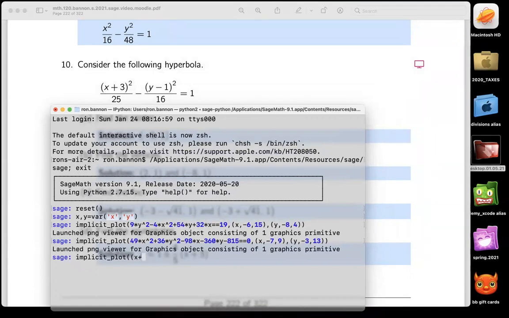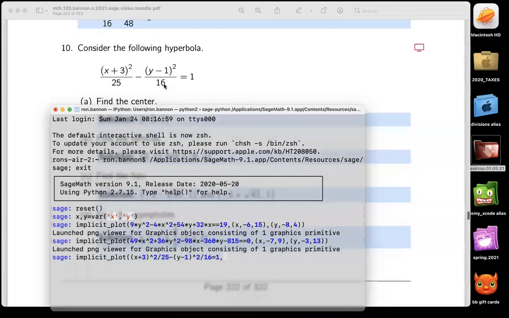X plus 3, quantity squared, divided by 25, minus, whoops, sorry about that, minus y minus 1, quantity squared, divided by 16, equals 1. And then the question is, what kind of range do you want for the x and y's?